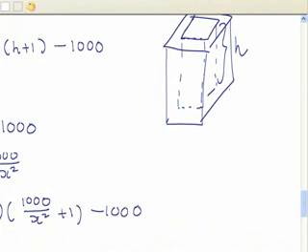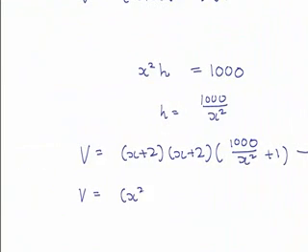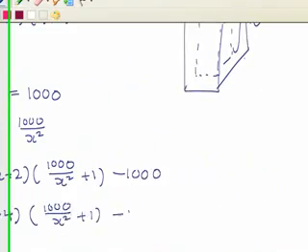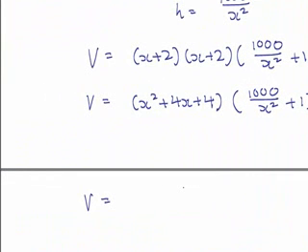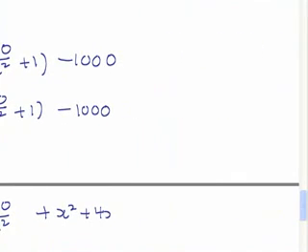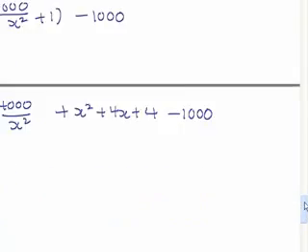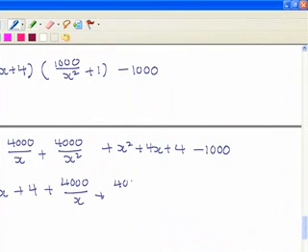Okay. And from here, what we can do is to expand it term by term, and try to create a more simplified equation for V. Okay, so the simplified equation will be x squared plus 4x plus 4 plus 4000x plus 4000x squared.